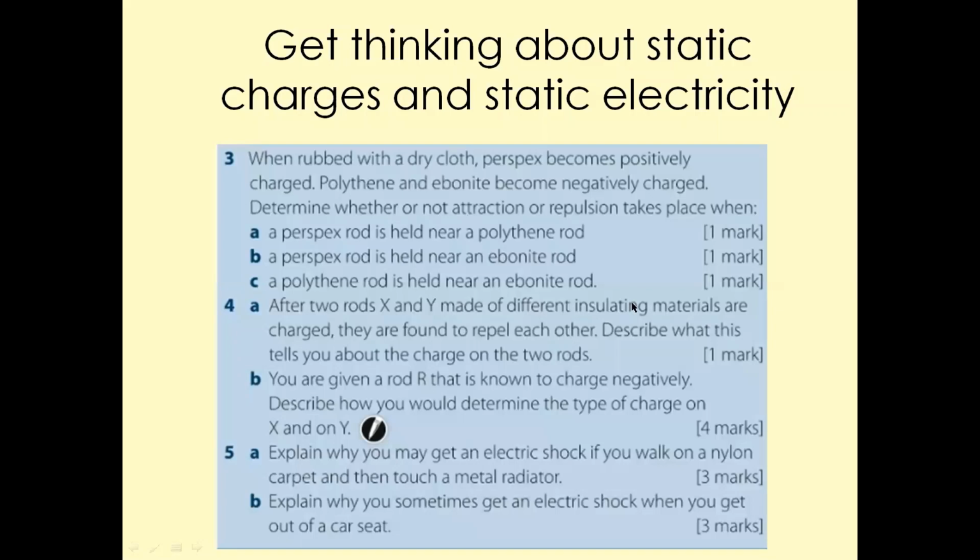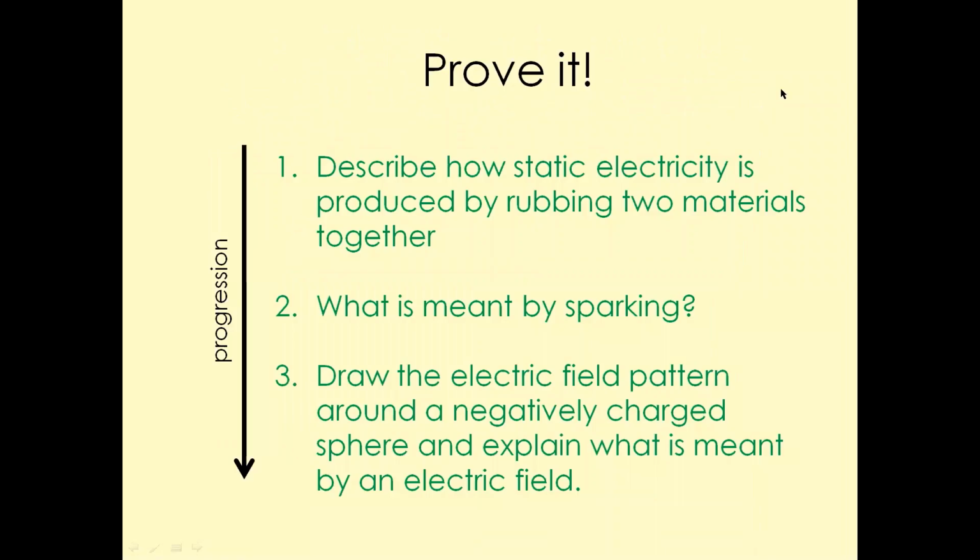But guys, these are some exam questions for you to answer. And these are some more questions for you to answer. Describe how static electricity is produced by rubbing two materials. Normally they're insulators. What is meant by a spark, or how is the spark created? Talk about the transfer of electrons from one object to another.